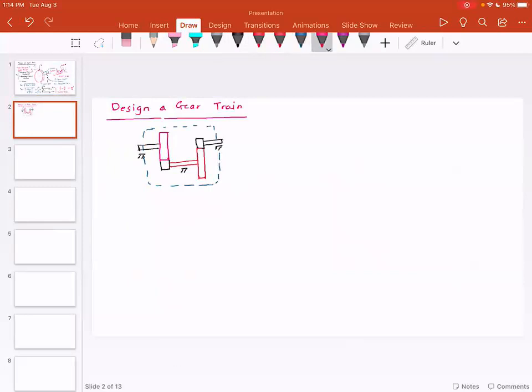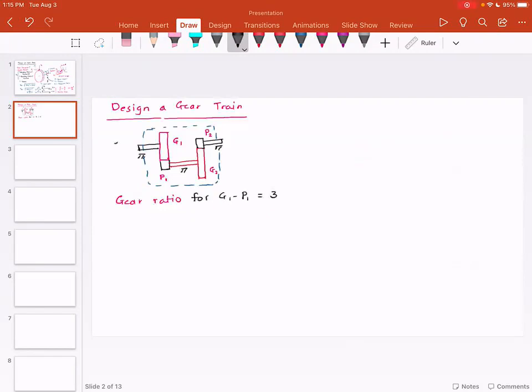So you have gear 1, you have pinion 1, you have gear 2, and you have pinion 2. Now let's think about what's happening here. Say the gear ratio for the first pair, G1 P1, say is 3.